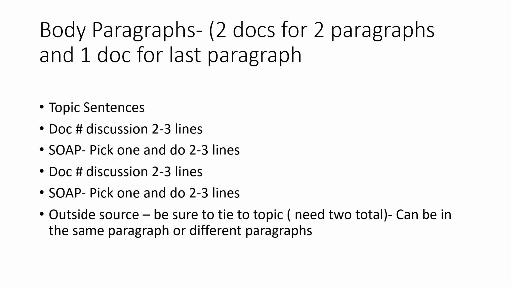But let's say that you had a document that you feel like, oh, this really ties well in with these other 2 documents, then go ahead and tack it in at the bottom of that body paragraph. Because this is going to be such a short essay, you want to make sure one of those 2 things. If you can't tie it in, then do it its own separate short body paragraph. If you feel like you can tie it into a group, then go ahead and do that. So document discussion and then the SOAPs.